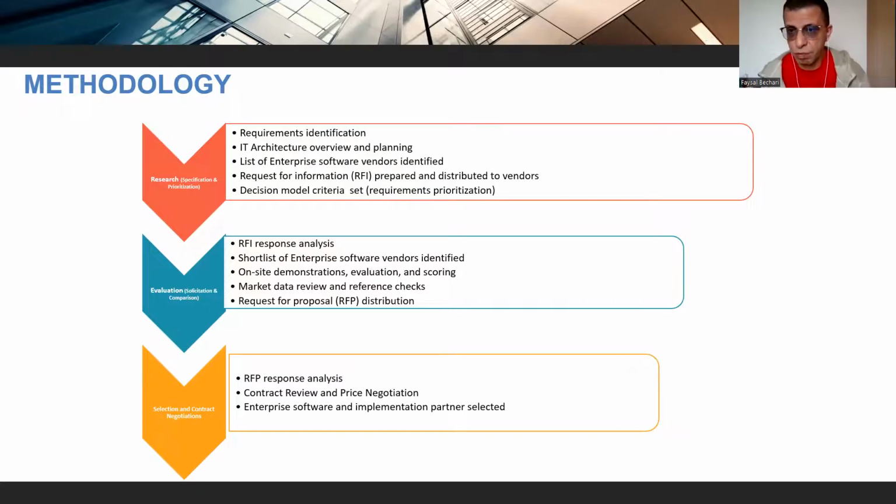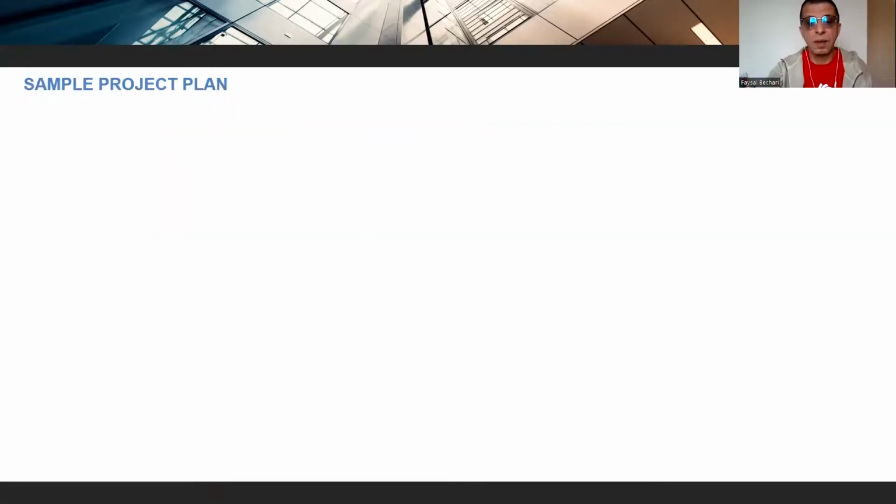Once you get your RFP responses back from these companies, you do an analysis, then you build your contract, and the enterprise software and implementation partner is then selected, which is where you derive the first project plan from. If you don't do it this way, you are doomed to be in trouble or to fail in one of these chances.